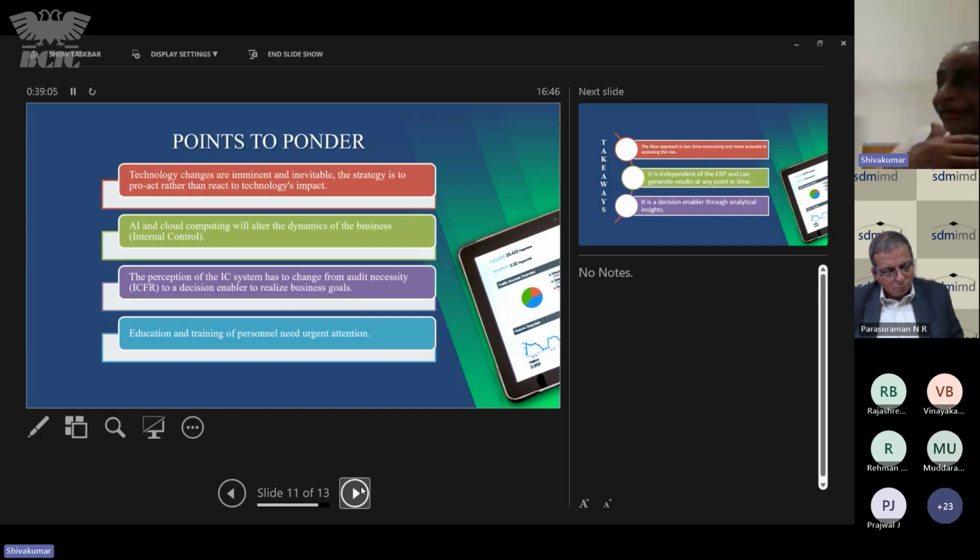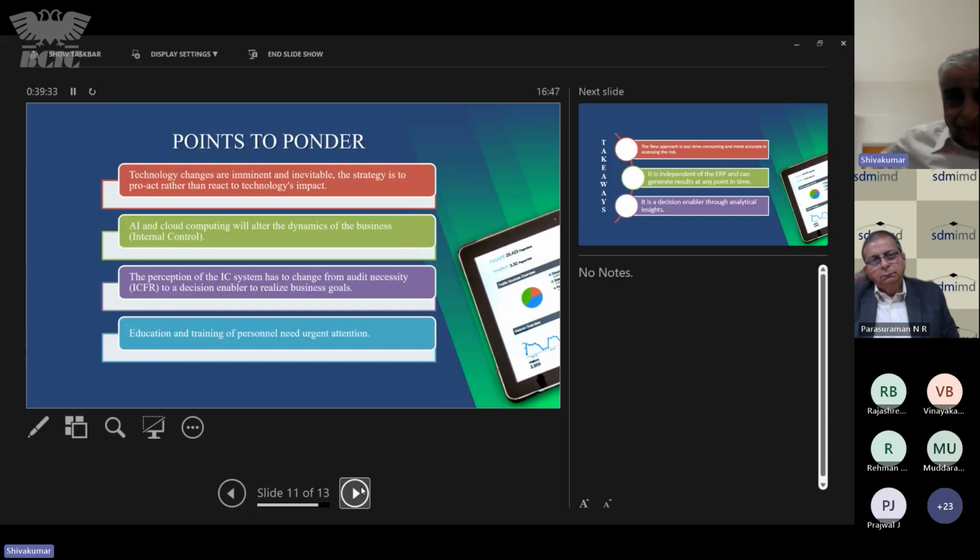Then the perception of internal control, IC, the internal control system, has to change from audit necessity to decision enabler to realize the business goals. As of now, many feel internal control is more an audit objective, that the auditor should do it, whether statutory auditor or anyone, and that it's more a year-end activity.